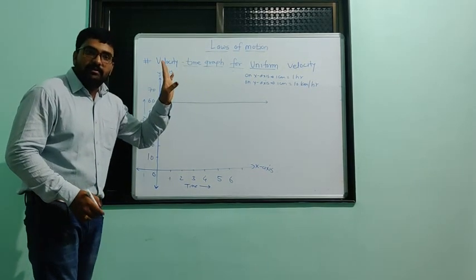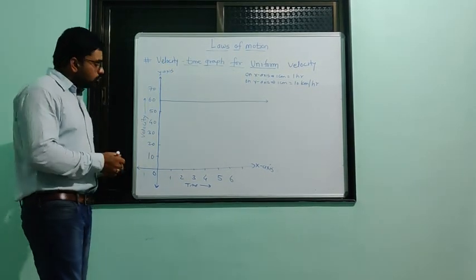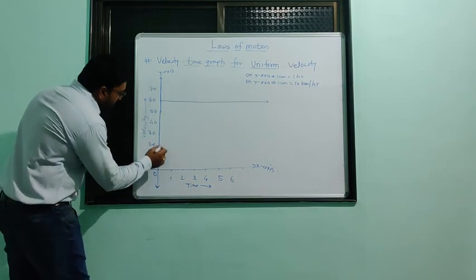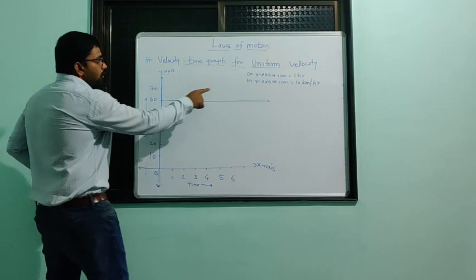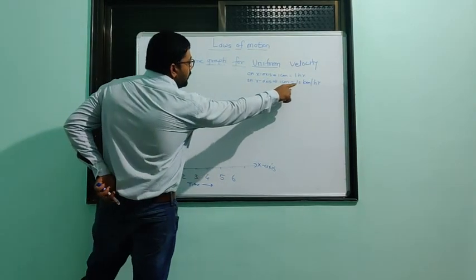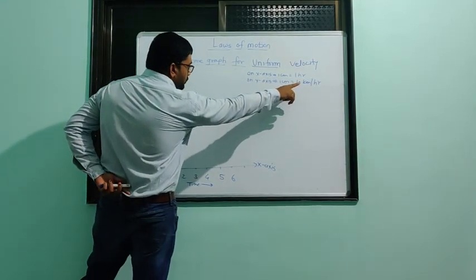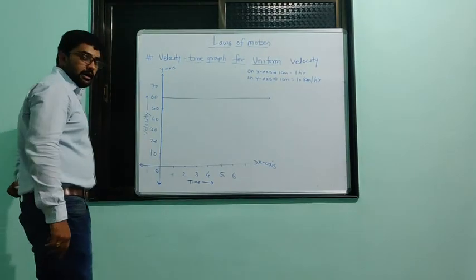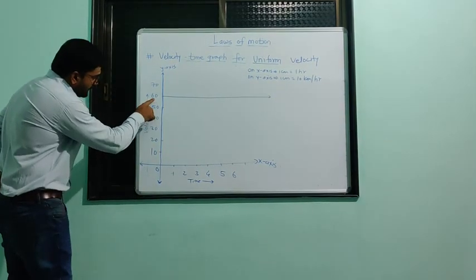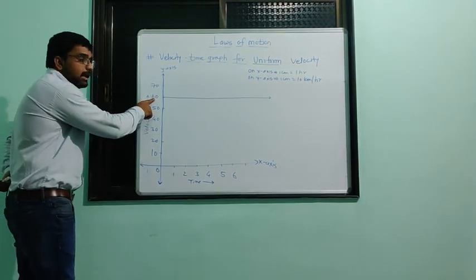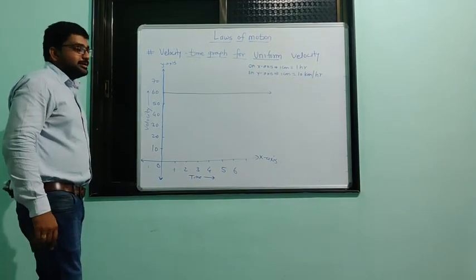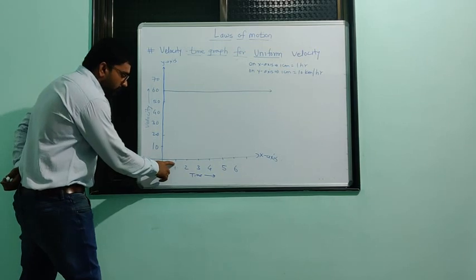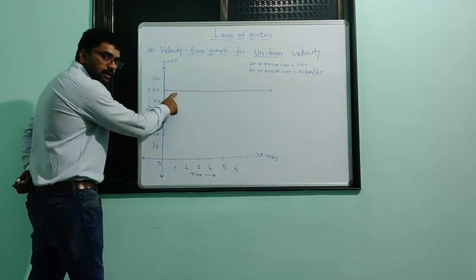Initially it has a velocity of 60 km/h. On the y-axis we represent 1 centimeter equal to 10 kilometer per hour. So it will travel with a uniform velocity of 60 kilometer per hour up to the first hour.